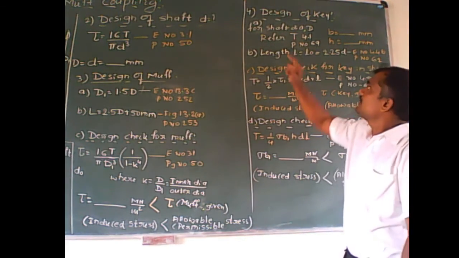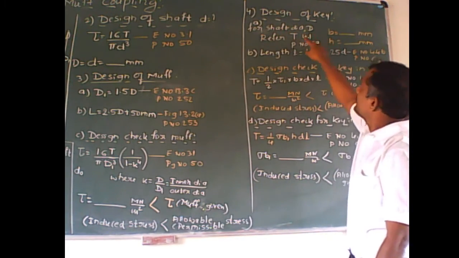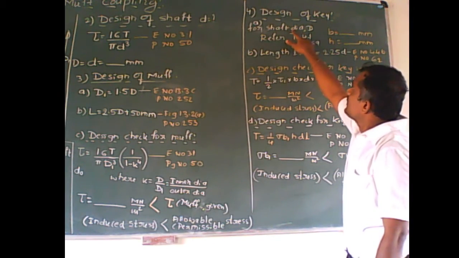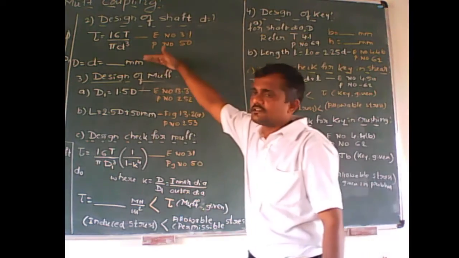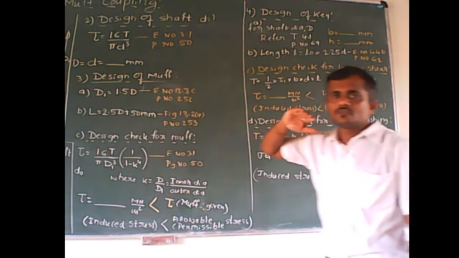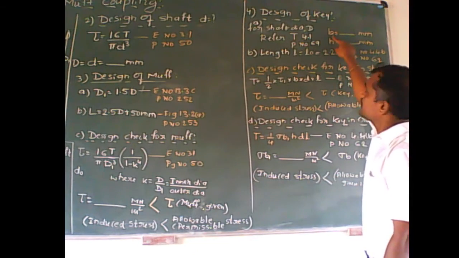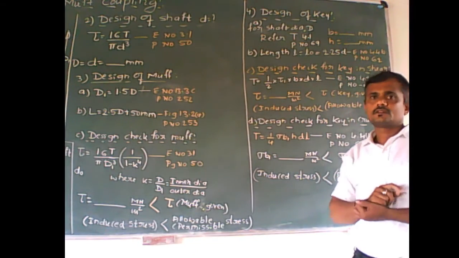How to calculate? By referring to table number 4.1, page number 69, for a shaft dia of so and so. Here we have obtained the shaft dia. So for that shaft dia, we refer to this table and get the values of B and H.